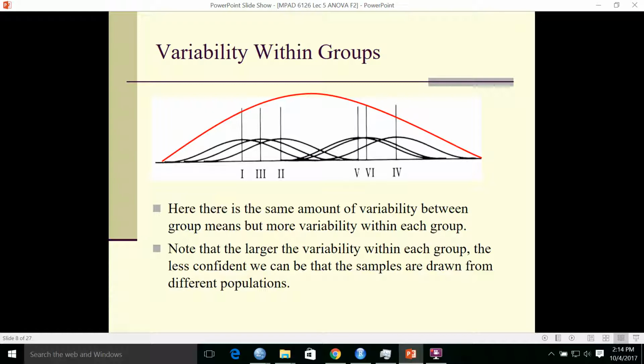But as you can see, their distributions significantly overlap the distributions of all the others. So there's the same amount of variation between the groups, but the within group variability is significantly greater, and so we would be much less confident in this case that the samples would be drawn from different populations.